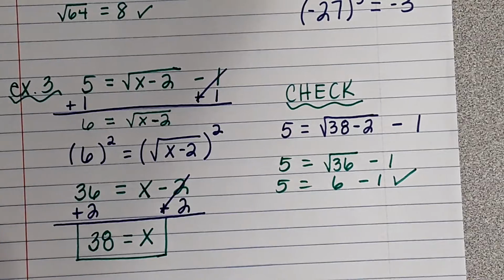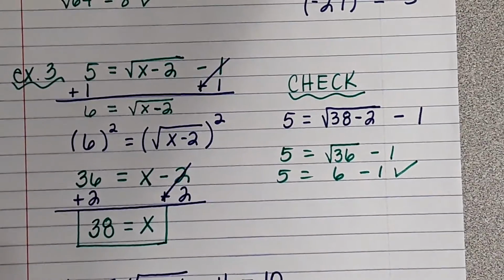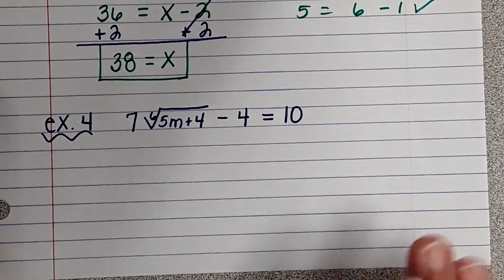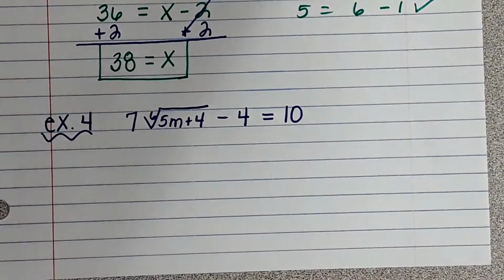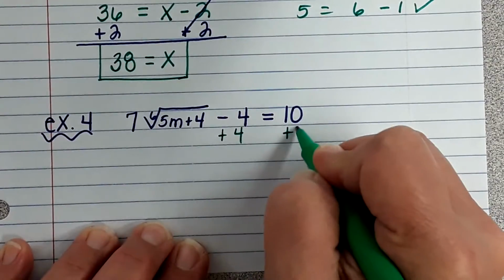Okay. What do you think you need to do first on this one? Oh, you guys can't see it, so I apologize. There we go. That's a 6 there. So anytime we're solving an equation, we're going to add or subtract first.